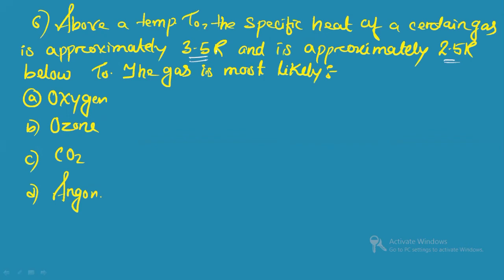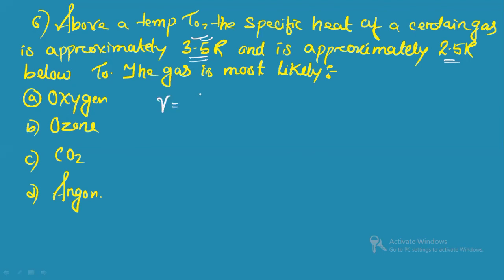The values are given approximately. Above T0 it is 3.5 R, and below T0 it is 2.5 R. So you will see the value of gamma, the ratio Cp by Cv.